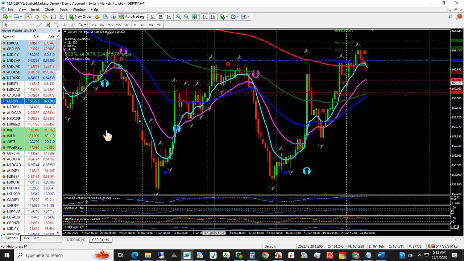As a matter of fact, if we assume that we want to execute the 821 strategy, that is the Global 821, which is a crossover of the 8 and 21 EMA.